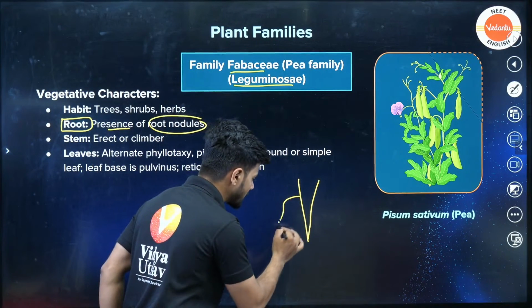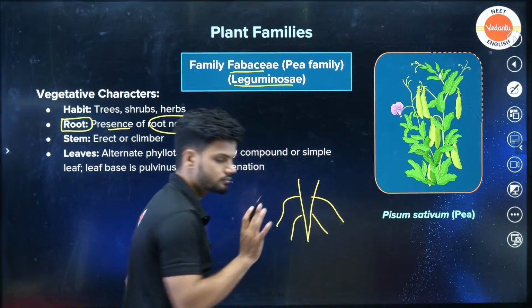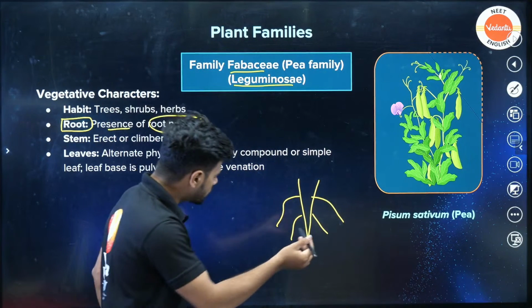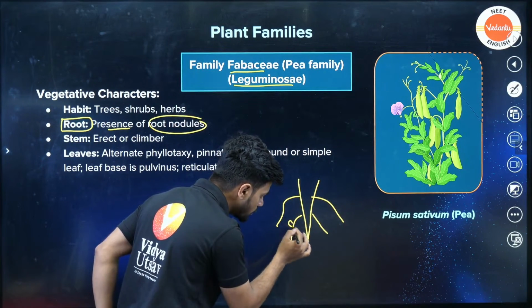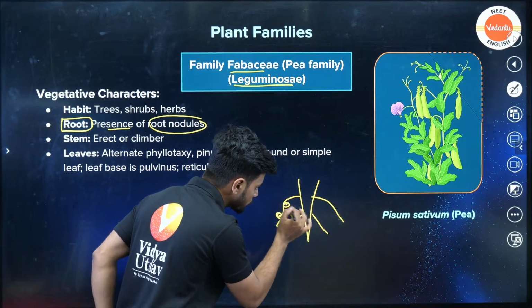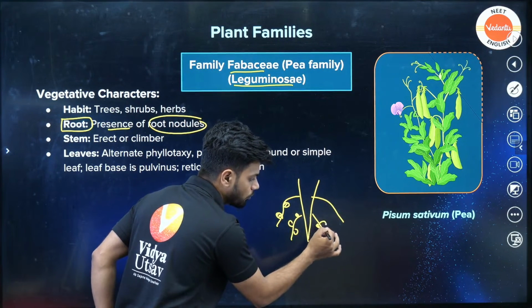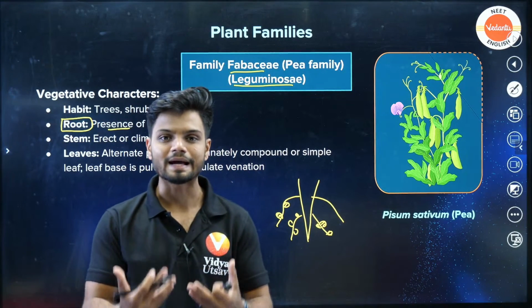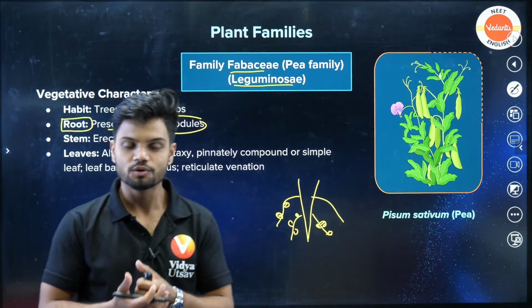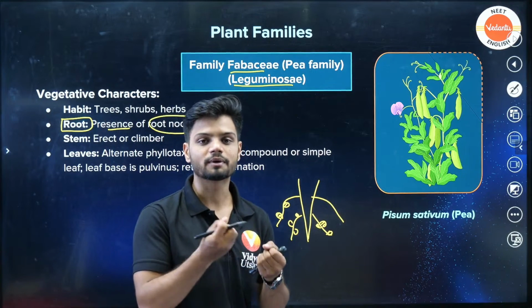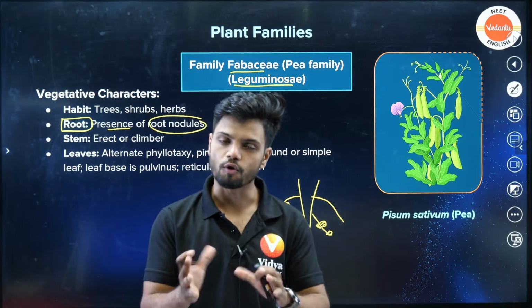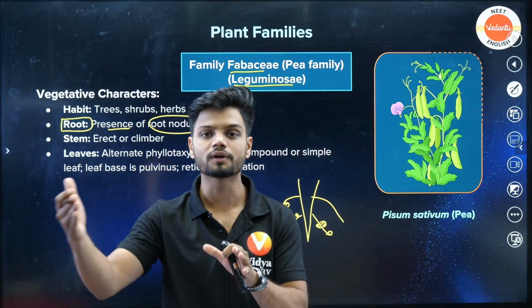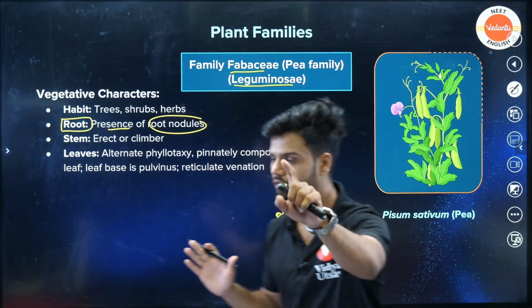On this taproot, there are certain lateral roots, and on these lateral roots, we can see root nodule formation. Now, what is the use of these root nodules? The main utilization of root nodules is nitrogen fixation. That is, your leguminous bacteria stays there, and because of that, root nodule formation happens. That is required for nitrogen fixation. All of you know that.